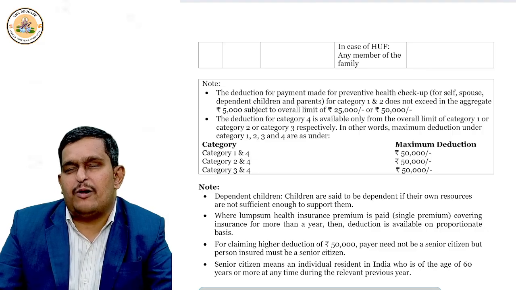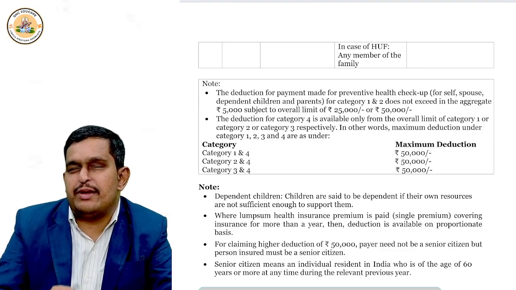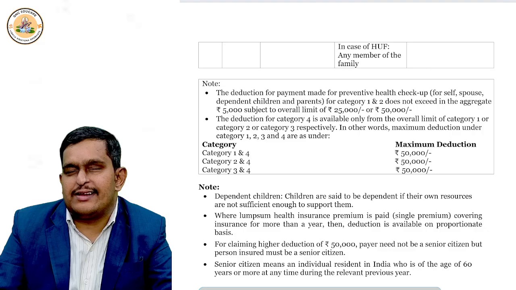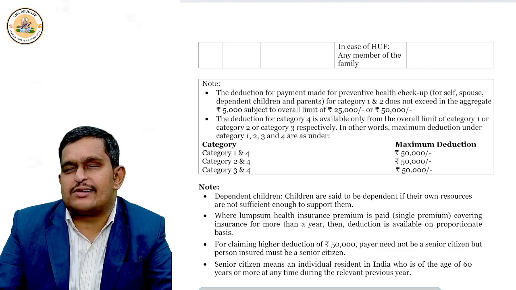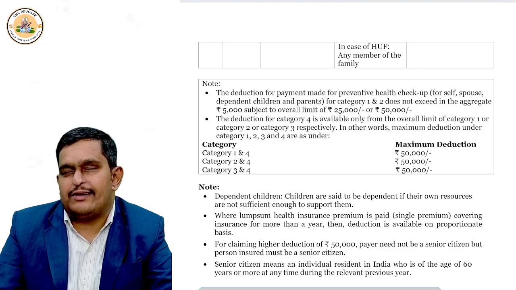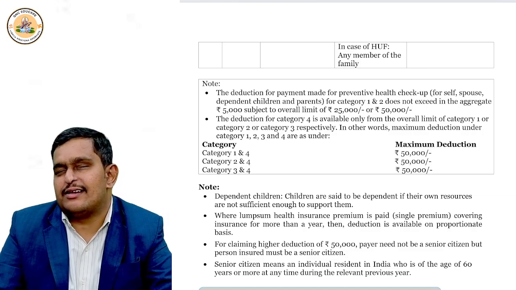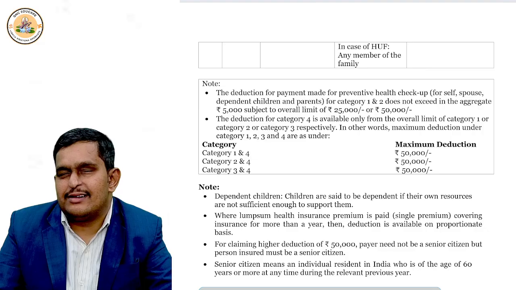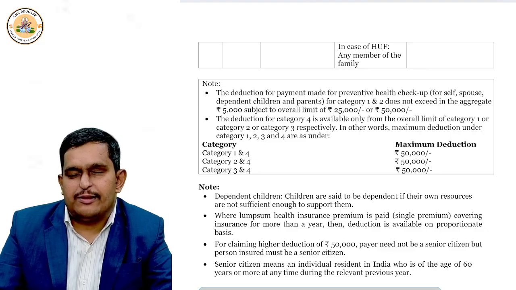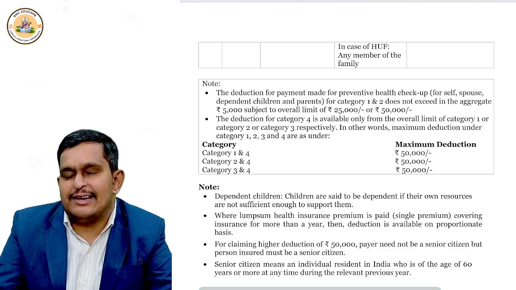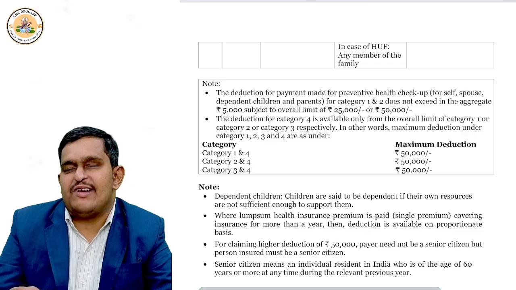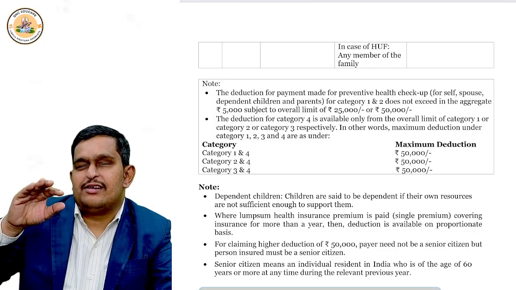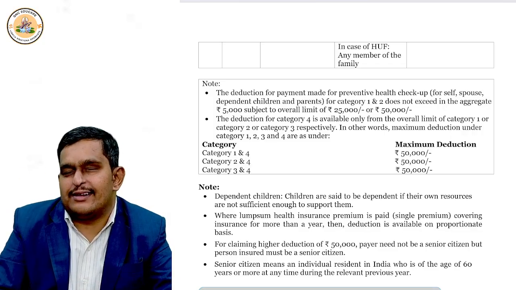Now, when we talk about senior citizen, the person who pays the insurance premium should be senior citizen, or the person whose treatment is there, the person on whose name the policy is there, should be senior citizen, right? Because if you are a senior citizen, higher deduction. Your deduction limit increases from 25 to 50. But who should be that senior citizen?